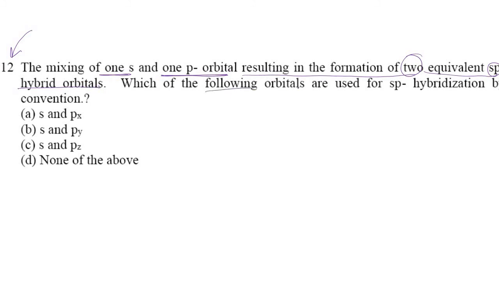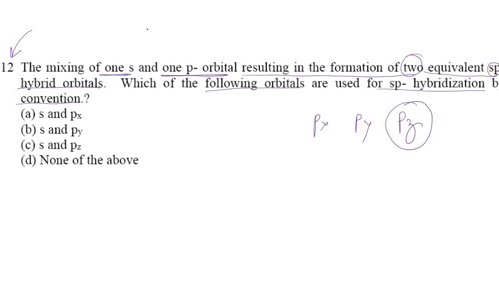Which of the following orbitals are used for sp hybridization by convention? Now here we have p orbitals, so one is px, another is py, and the other one is pz. By convention, whenever p orbital is involved in sigma bonding, remember during sigma bonding it is always the pz orbital.